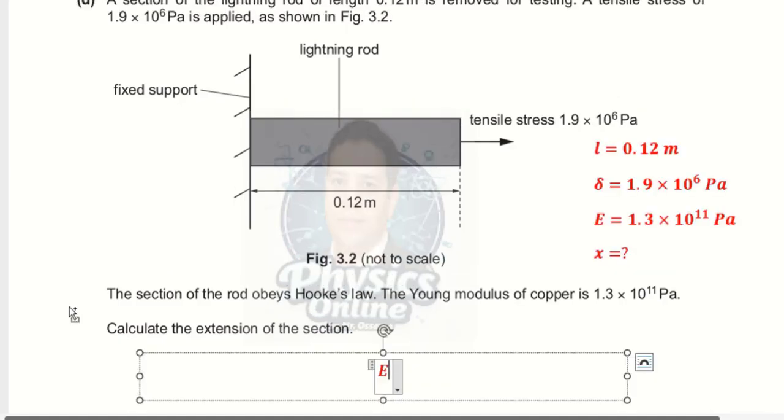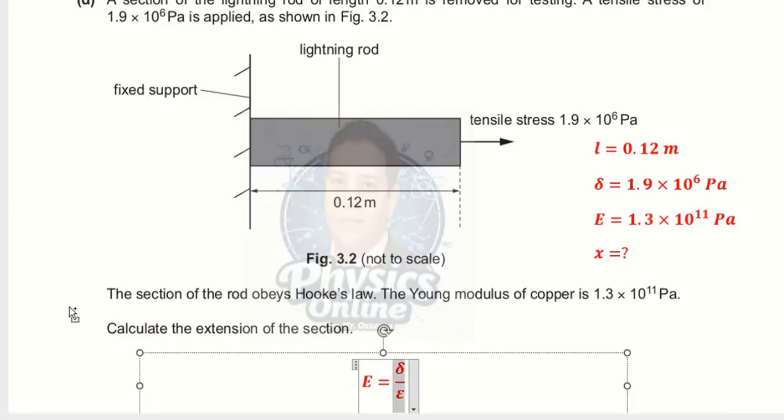Young modulus E equals stress over strain. We have the value of stress, and strain equals x over L, extension over original length.